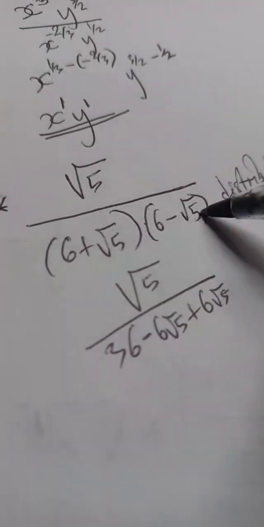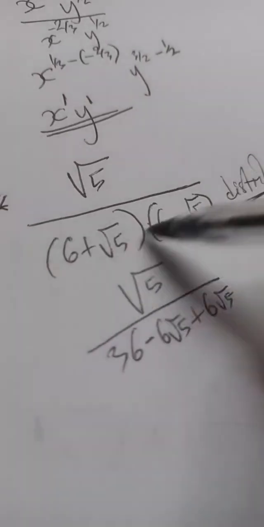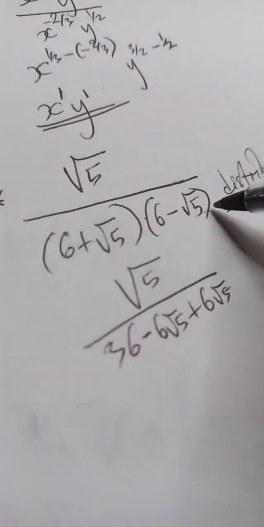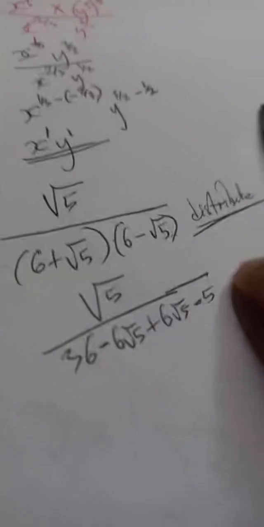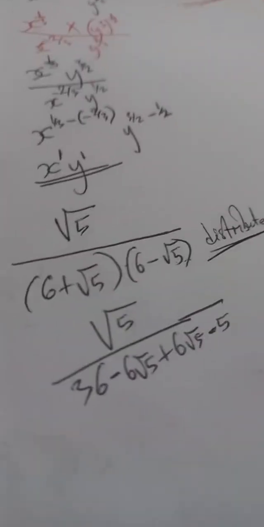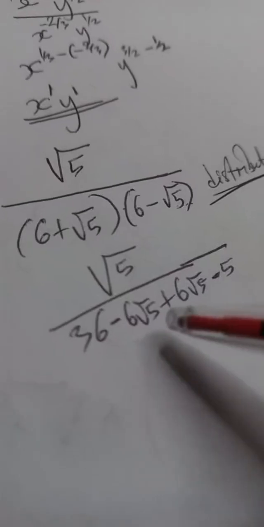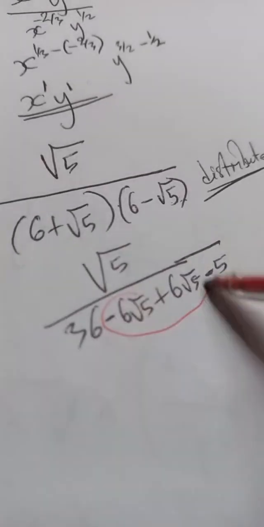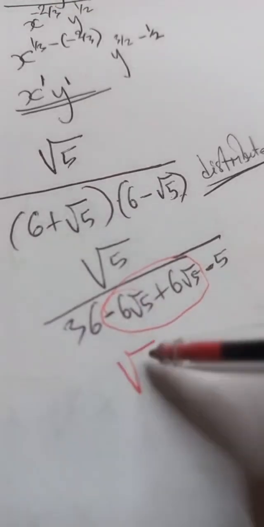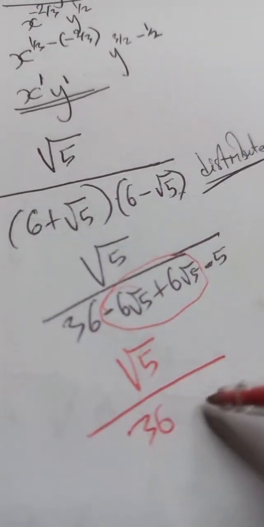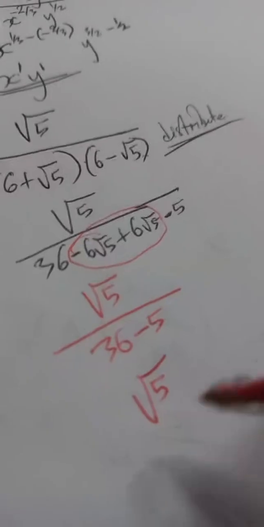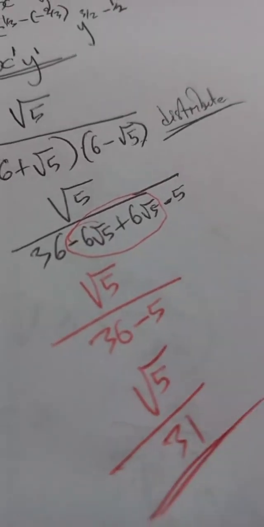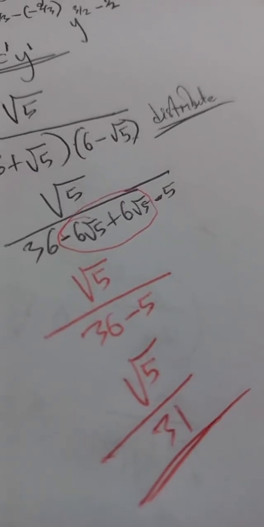This by this, these two, it's negative 5, right? Negative by positive, and then square root by square root, which is minus 5. And then if you check in the middle, these guys, they will give you a 0. And then you are left with this 36 minus 5. And then square root of 5 over 31. Here we never touched the top.